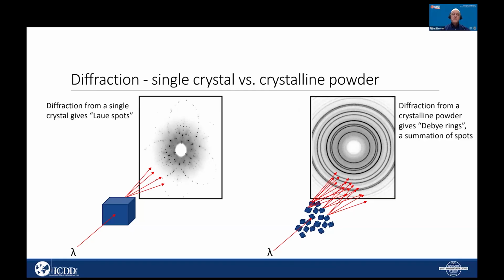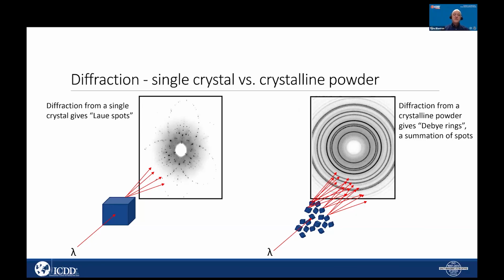When you have your powder sample or polycrystalline sample, you have individual small crystallites, and you get a summation of diffraction from the different crystallites. The summation of these spots gives you what we refer to as the Debye rings. And this is what we're really picking up when we look at a powder diffraction pattern from a diffractometer.